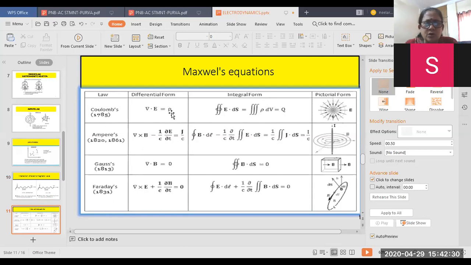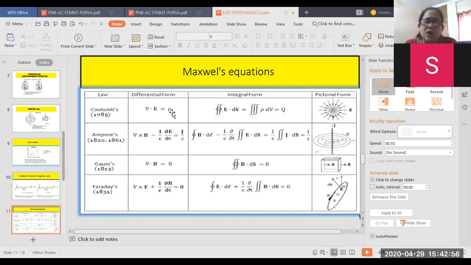What is rho? Rho is the charge density, E is the electric field. So if you go for del in one dimension, what will it be? It is i dou by dou x, where i is the unit vector along the x axis. That means if you want only the magnitude, differentiate E with respect to x, and that will talk about the density at this point.